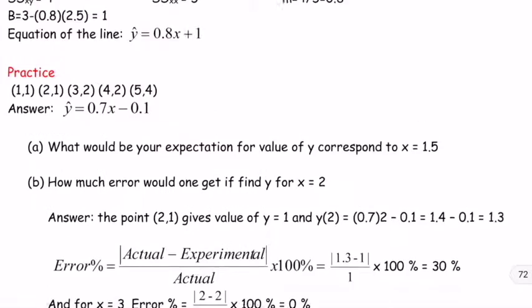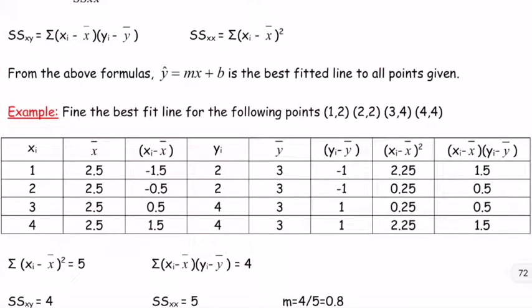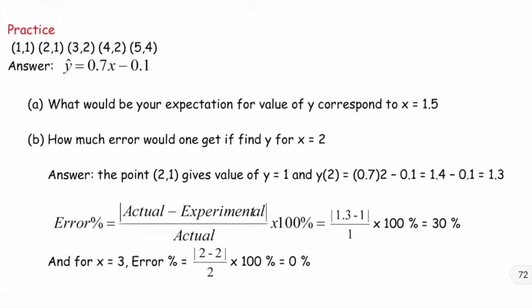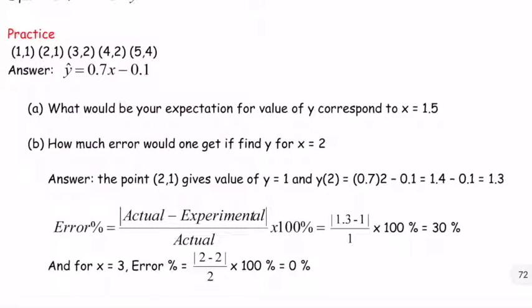We do the same thing as before, so we can find the slope, which is equal to 0.7. Then we plug in one more point, the center of mass, to find b. And then y hat is equal to 0.7x minus 0.1.